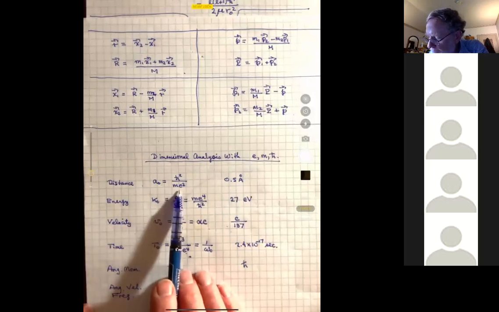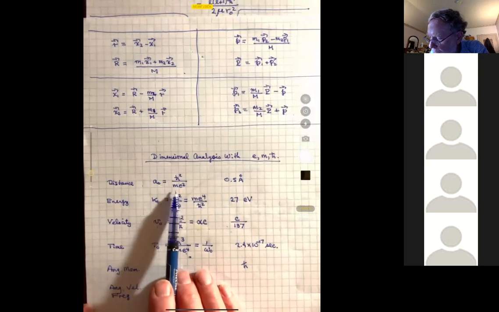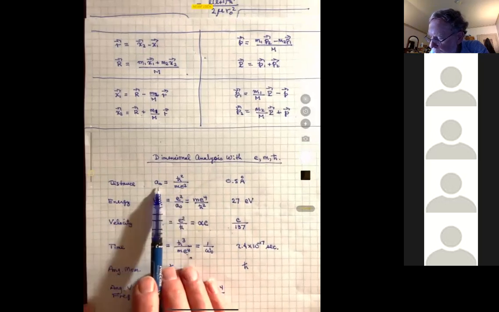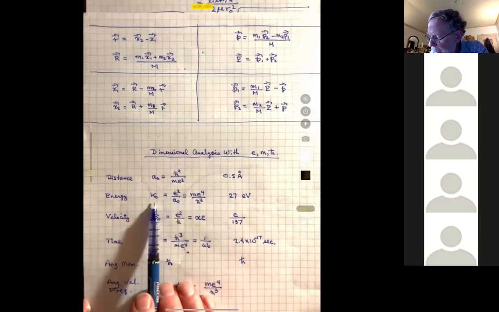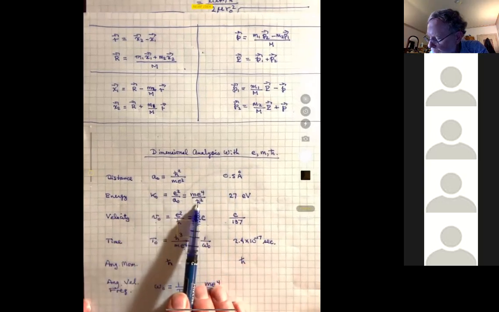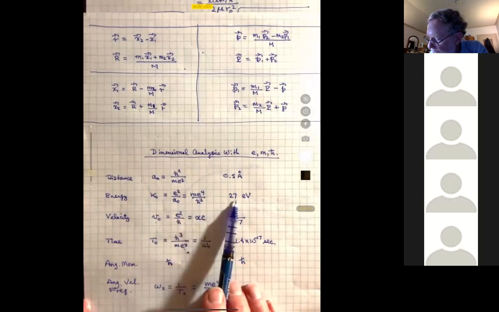The unique distance that can be constructed is h bar squared over m e squared. This is otherwise the Bohr radius, and it's about 1/2 of an angstrom. The unique energy is m e to the fourth over h bar squared, which is about 27 electron volts. This is twice the 13.6 ionization potential of hydrogen.